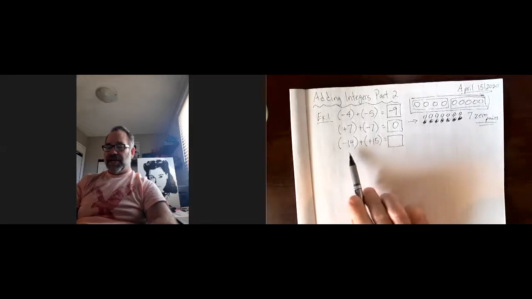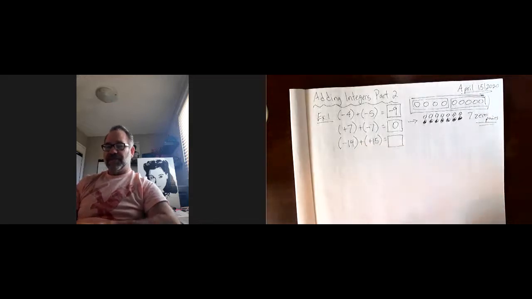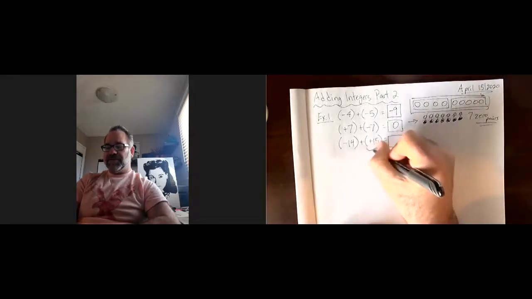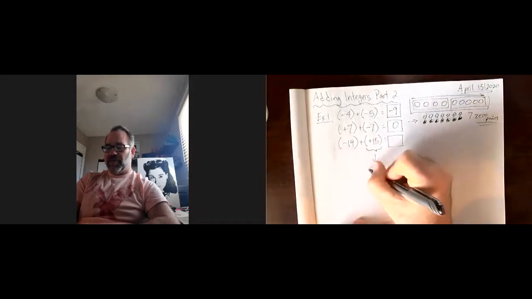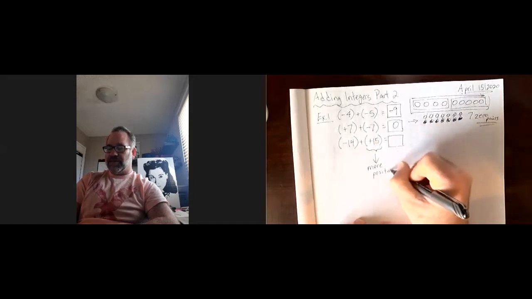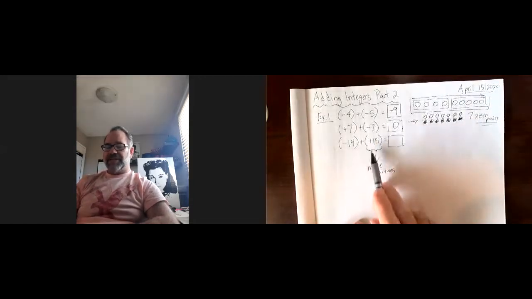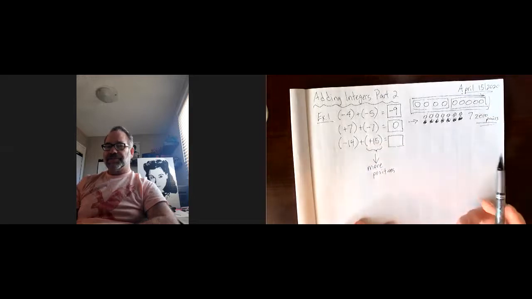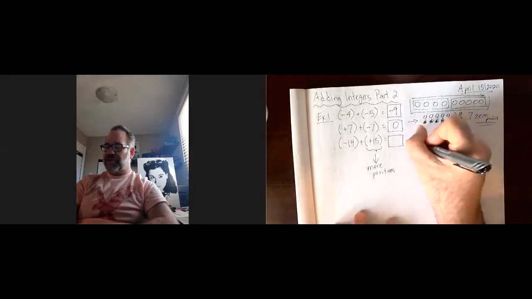Here we've got -14 plus +15. If we take a look at this, we have more positives than negatives. We have actually just one more positive. So rather than draw all these out, we're going to do a number line model for this one.